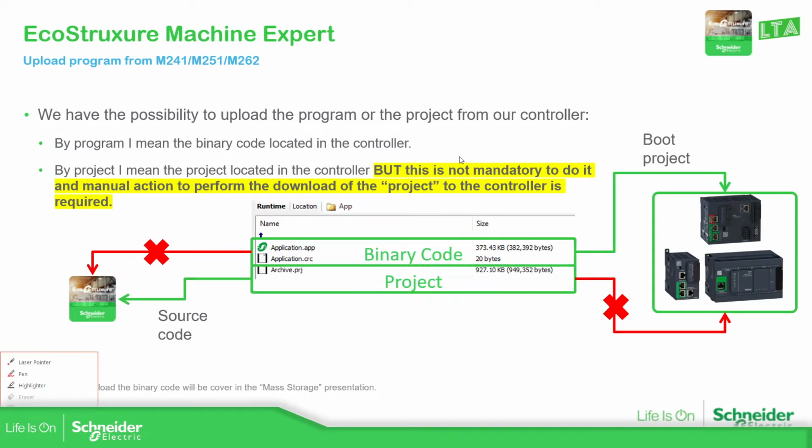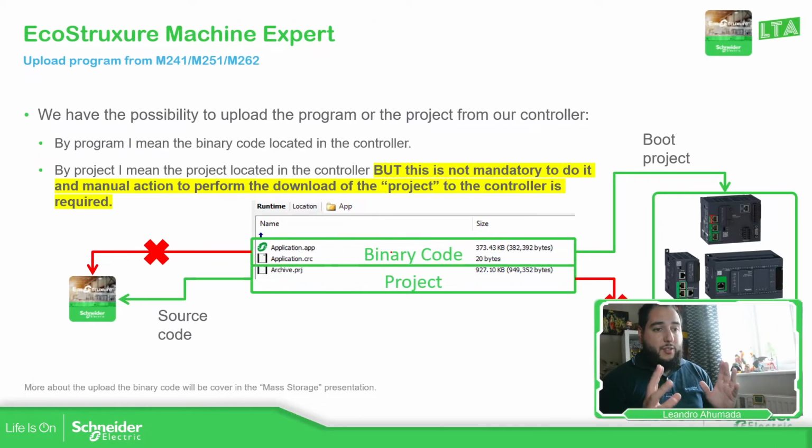It is important to understand two things here. It's not mandatory to download the source code into the controller, but it's mandatory to have the boot application on the controller, which are two different things.